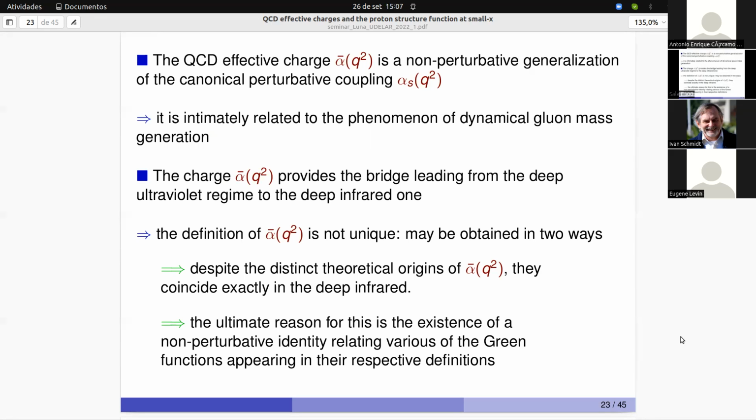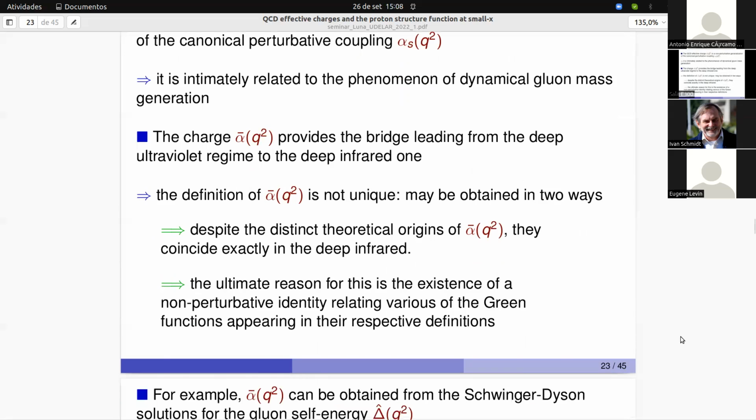And the reason for this was observed very recently: we also have a kind of identity, a non-perturbative identity relating the Green functions of the theory, and because of this identity, we know that these have to have the same behavior in the limit Q squared going to 0.